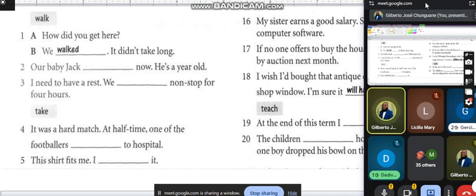For instance, if I say I'm eating fish right now, it means as I speak, I'm holding a plate of fish and I'm eating. But if I say I eat fish, it doesn't mean that I'm now holding a plate of fish and eating. It means this is something I do on a regular basis. So if you give me fish, then I'm going to eat. It's something I do regularly.